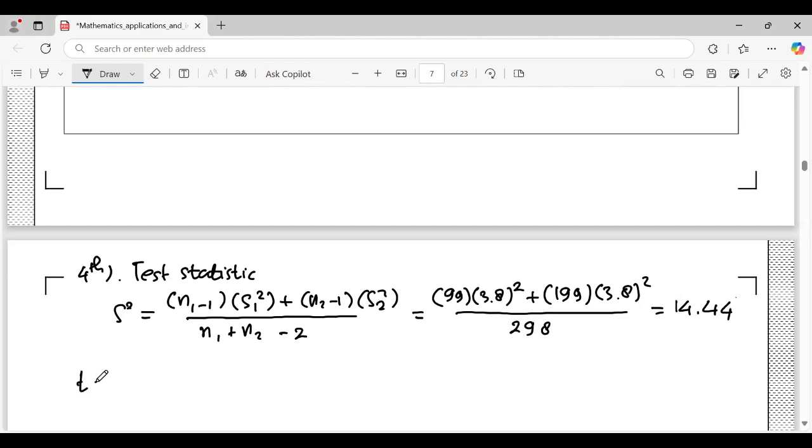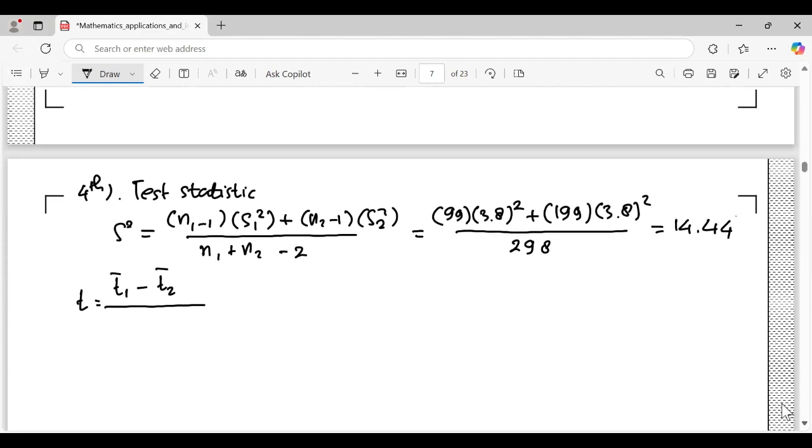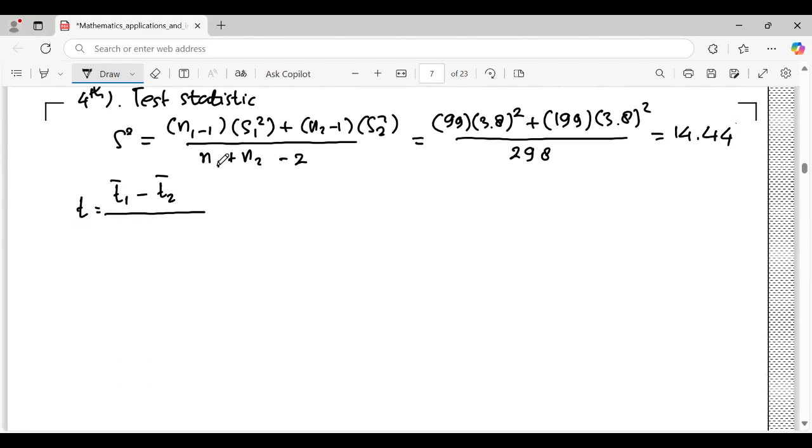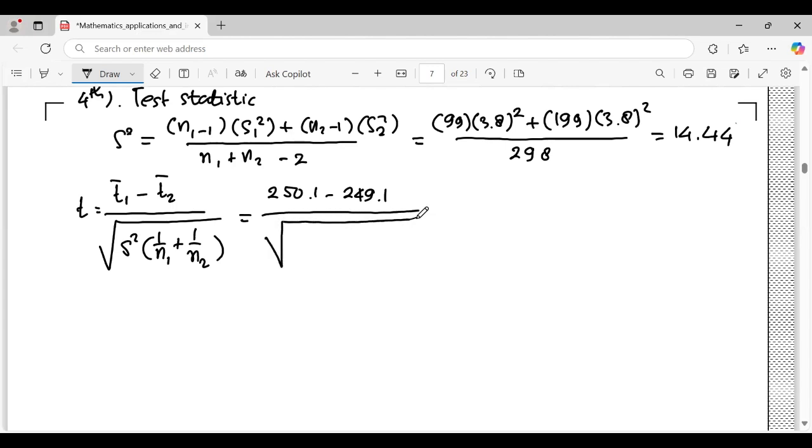And the next is t. t equals t1 minus t2 over the square root of variance times 1 over n1 plus 1 over n2. This is new and this is current, the new technique and the current technique. 250.1 minus 249.1, and variance 14.44, times 1 over 100 plus 1 over 200.